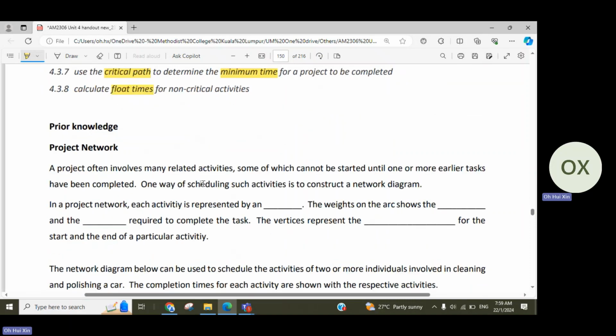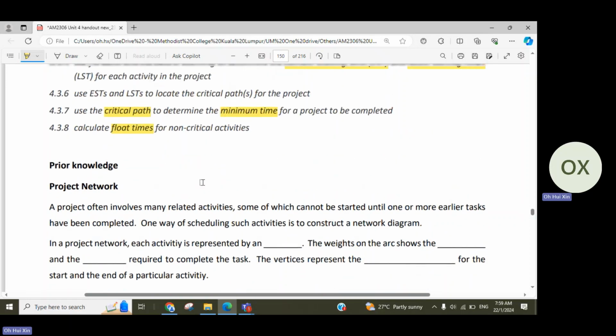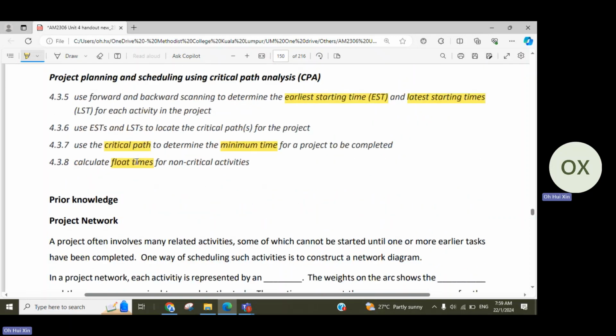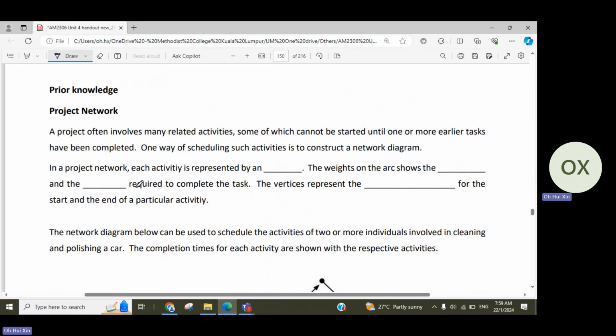A bit of prior knowledge before we move into how to find the critical path: we first need to understand what a project network is, and how to read a project network. A project often involves many related activities, some of which cannot start until one or more earlier tasks have been completed. One way of scheduling such activities is to construct a network diagram.